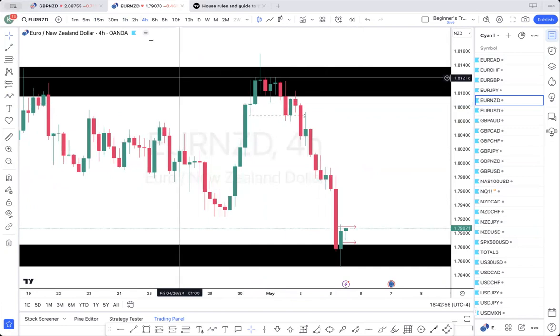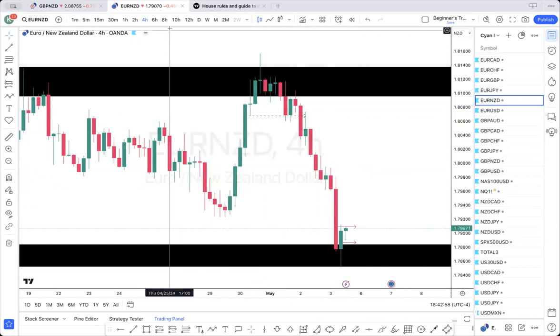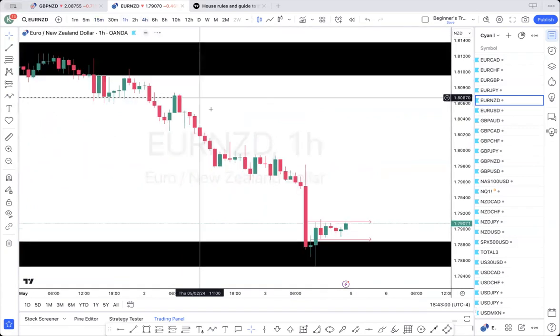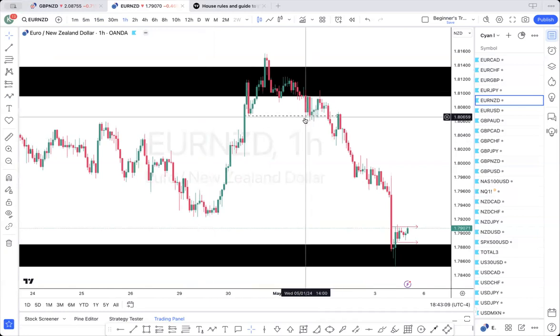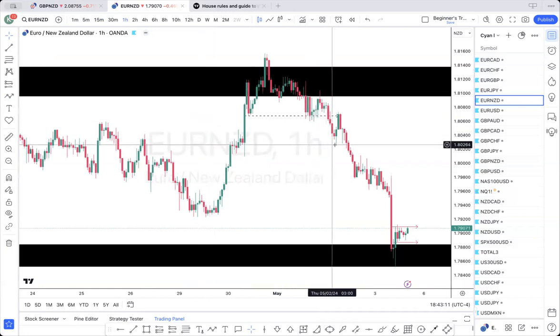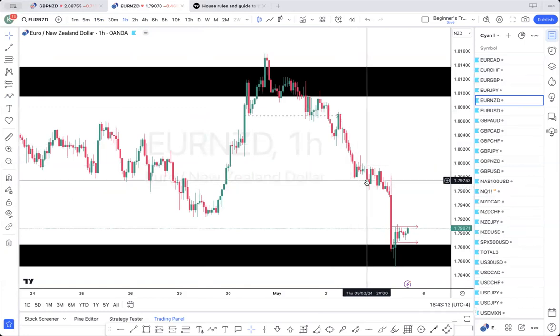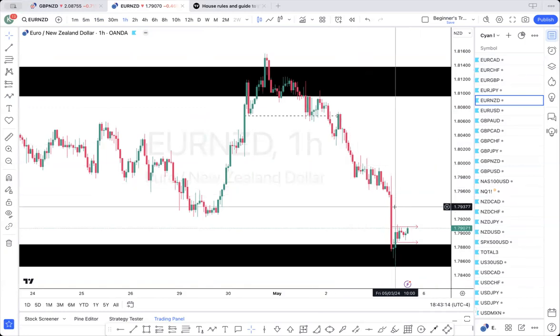And of course, on the daily, you won't see it. But if I can see it on my 1-hour, yes, that's correct. It's just got to break structure 2, 3 times to consider it a push.